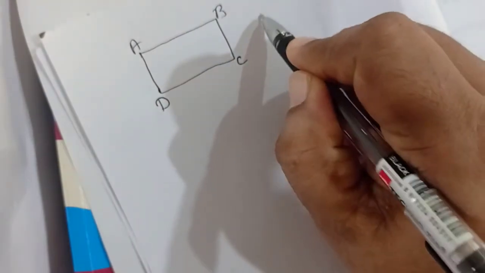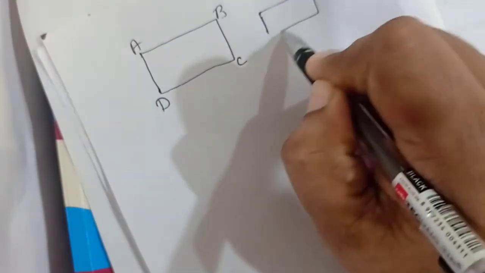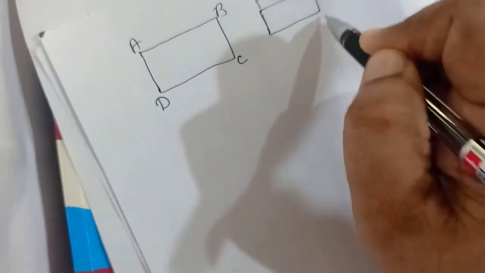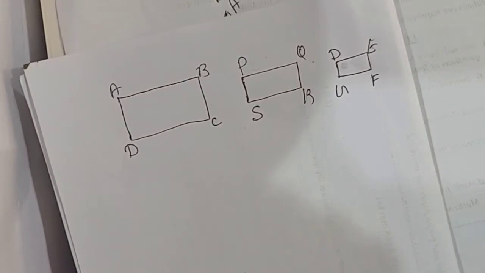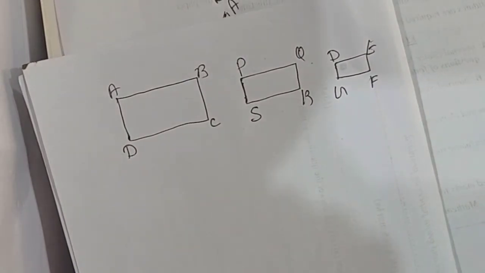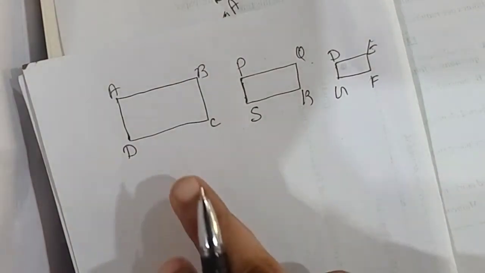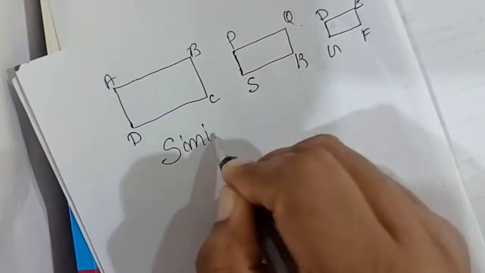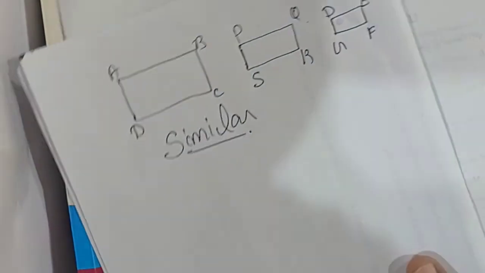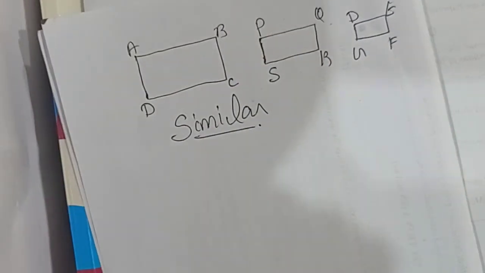And I draw another rectangle PQRS, and another small one, DEFG. These are all rectangles, and we can say that these rectangles are similar. Here we use two terms. One is similar. The second one is congruent.